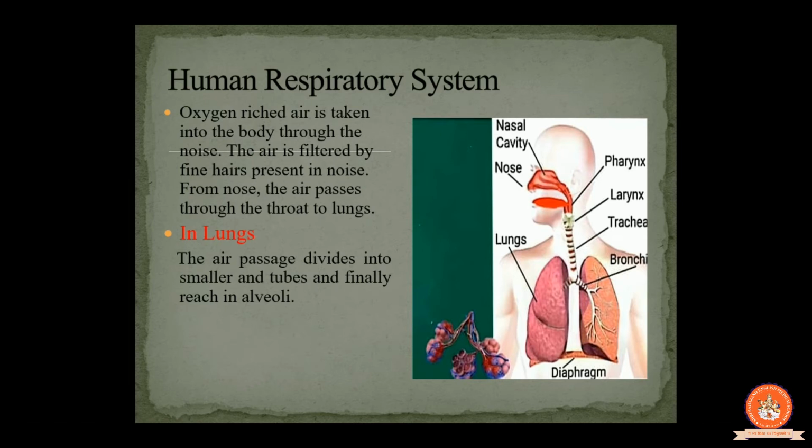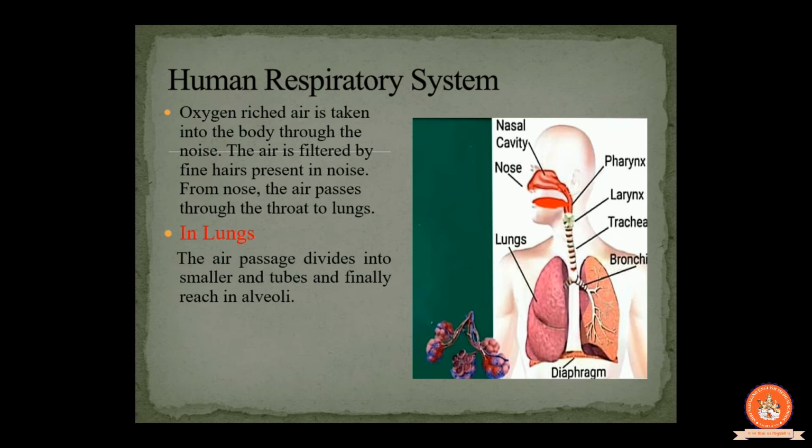Now the air should be filtered, because in air there are a number of unwanted things which we don't want. So it will be filtered by the fine hair present in our nose. From the nose the air passes through the throat, and then to the lungs.